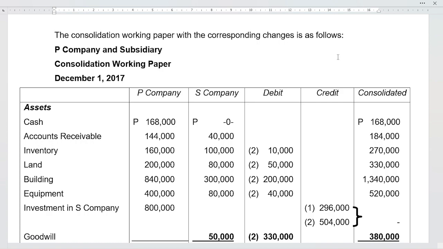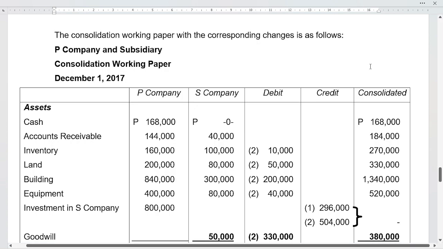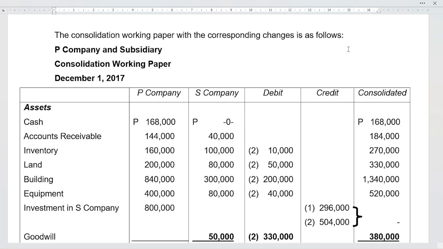Inventory has 160,000 for P Company and 100,000 for S Company. Land has a value of 200,000 for P and 80,000 for S Company. Next is building of 840,000 for P Company and 300,000 for S Company, followed by the equipment that has a value of 400,000 for P Company and 80,000 for S Company.